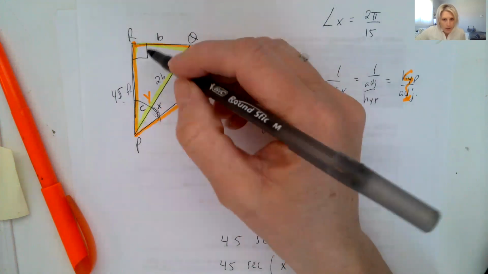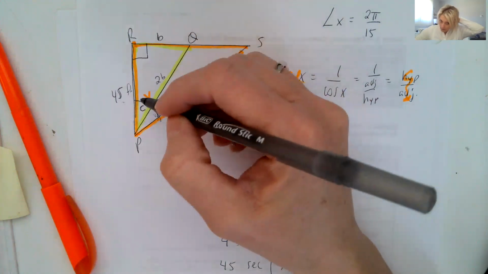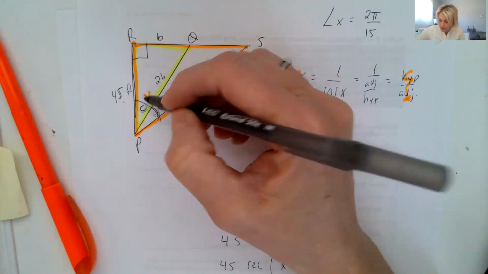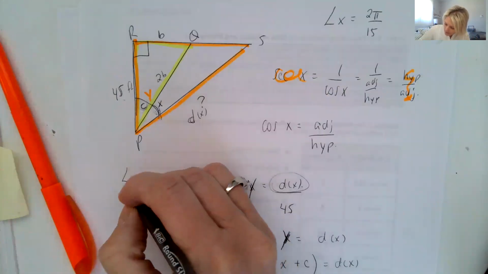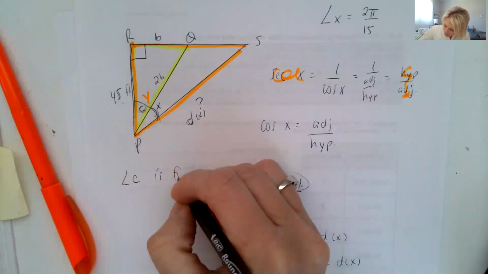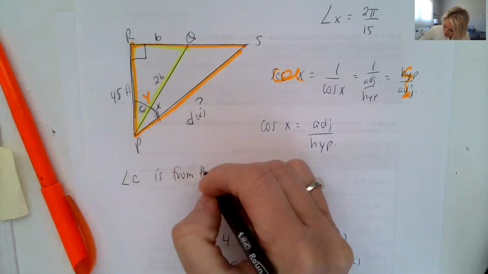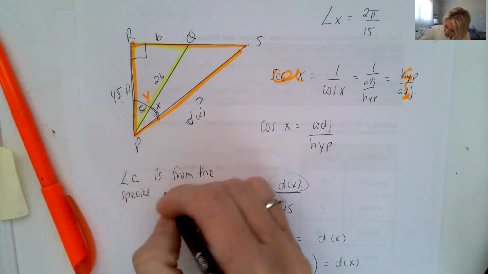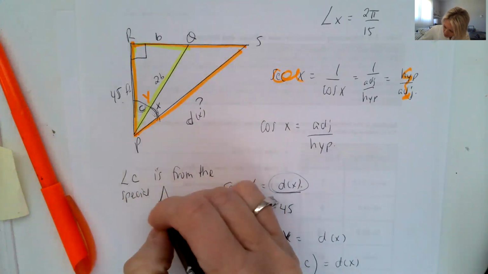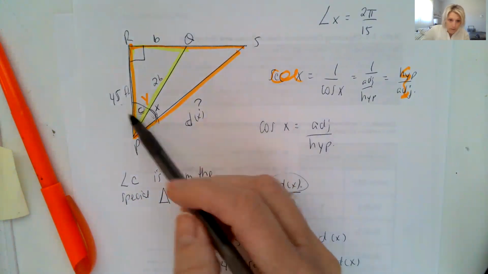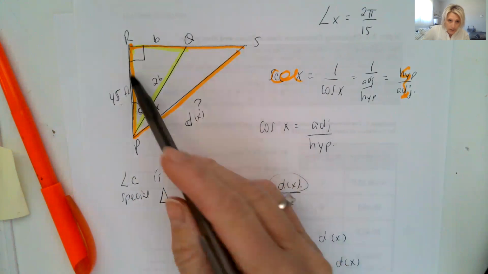Because it's a special triangle, that tells you something about the measure of angle C. So angle C is from the special triangle RPQ.